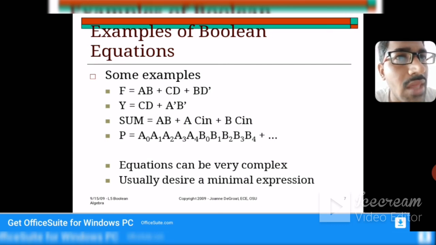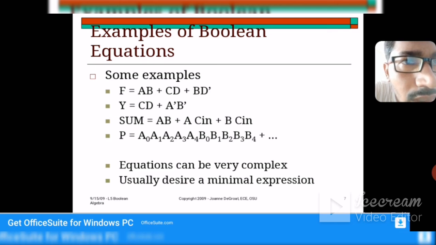Examples of Boolean equations. Here we have some examples. F is equal to AB plus CD plus BD bar. Y is equal to CD plus A bar B bar. Sum is equal to AB plus AC plus BC.